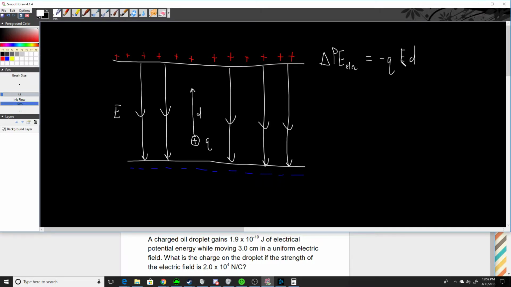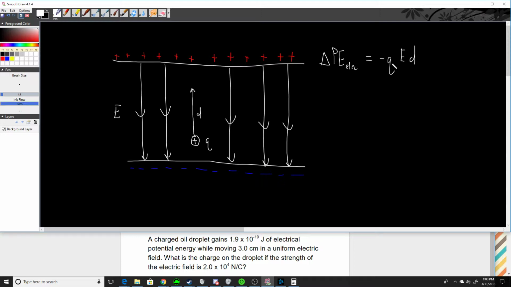And keep in mind, this is for a uniform electric field. So if the plates are close enough together, we can assume the whole electric field is uniform. And we're going to take it times the distance the charge moved, or the change in x. Typically we're just going to leave it d, okay?